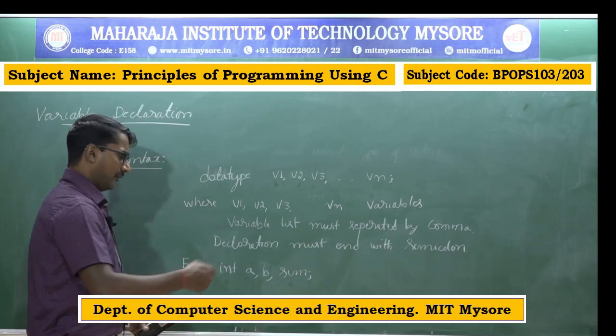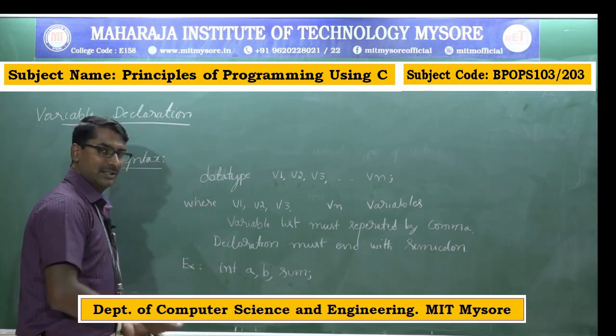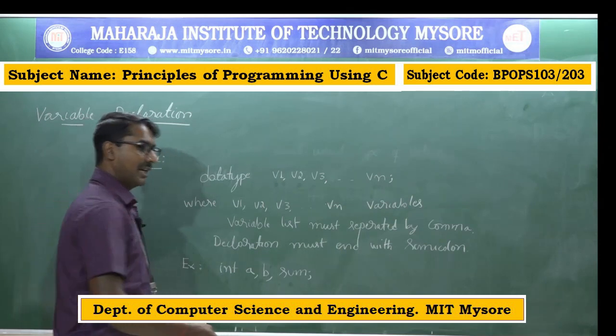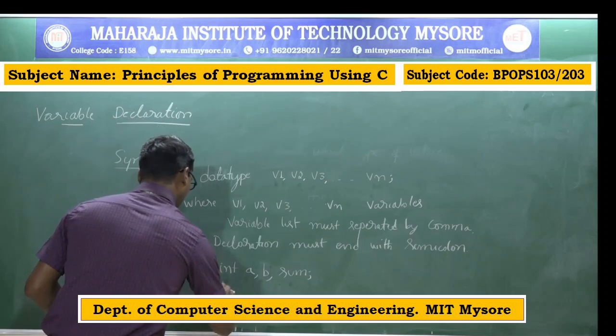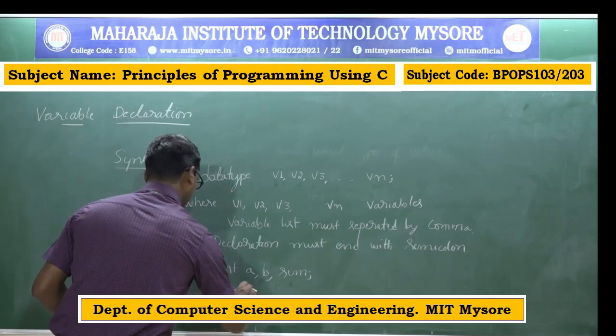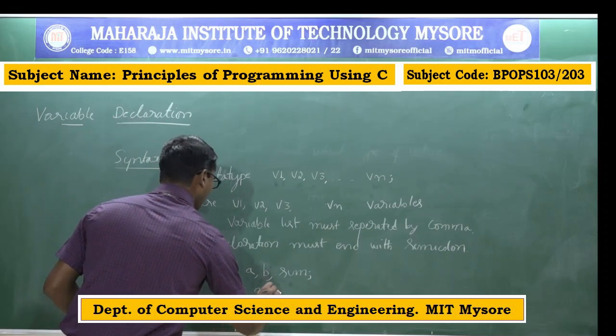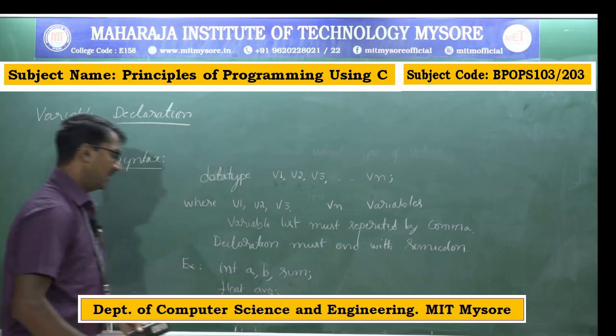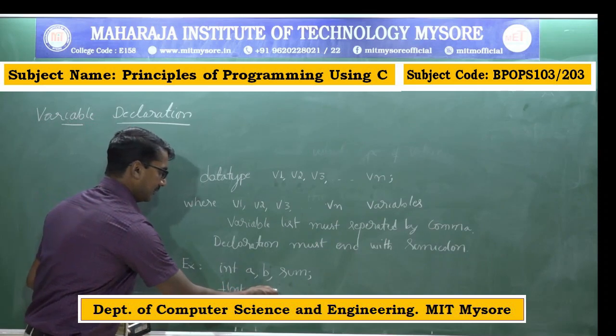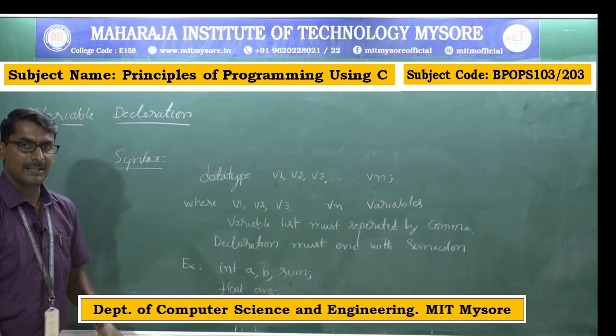If you want to find the average of these numbers, the average will be of floating point type. So float, I'll write it as avg, end with semicolon. Okay, this is the floating point type.